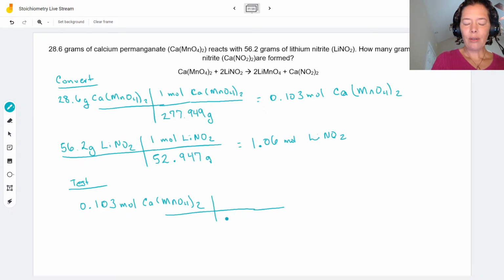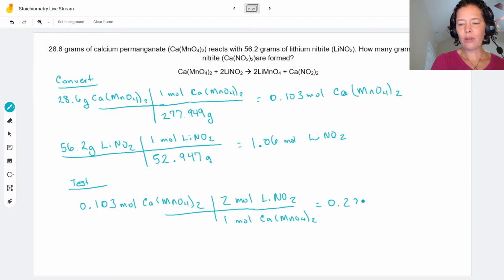Okay, we've got 1 mole of calcium permanganate for every 2 moles of lithium nitrite. Okay, so this is going to give me 0.206 moles of lithium nitrite needed.